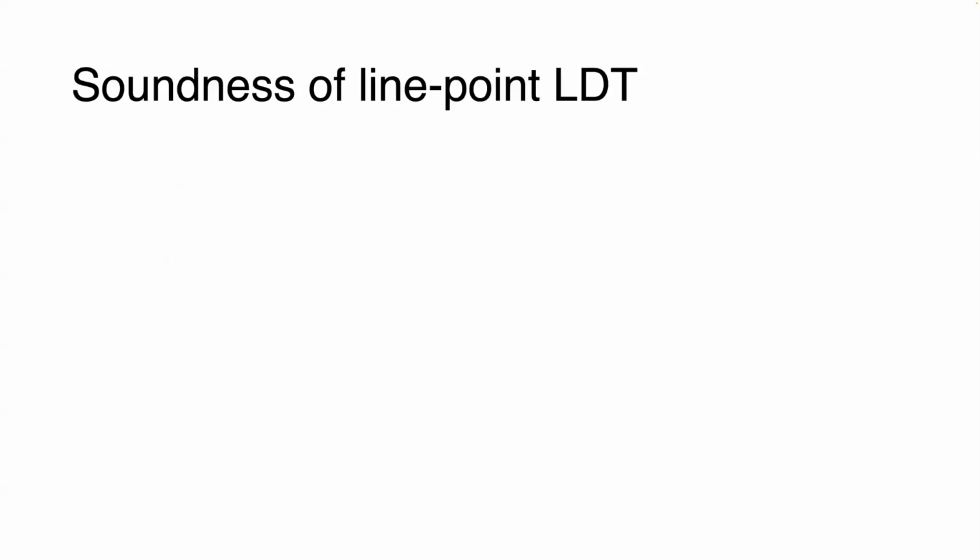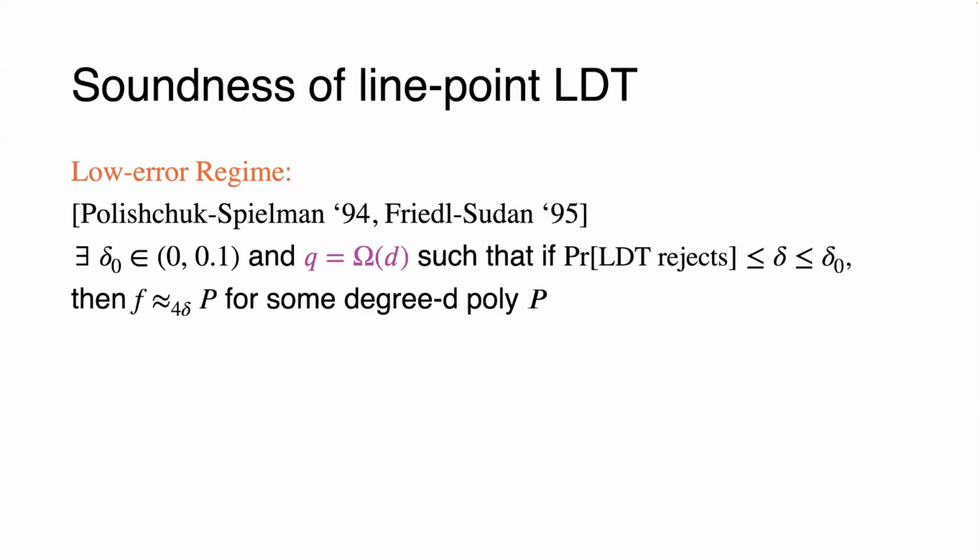So to give a final theorem statement in this regard, the results of Polishchuk-Spielman and Friedl-Sudan eventually show that there is some threshold delta naught such that as long as the rejection probability of the low degree test is smaller than this delta naught, then f is essentially a low degree polynomial. So it says that if your test passes with overwhelming probability, then it must be because f is actually very close to a low degree polynomial.